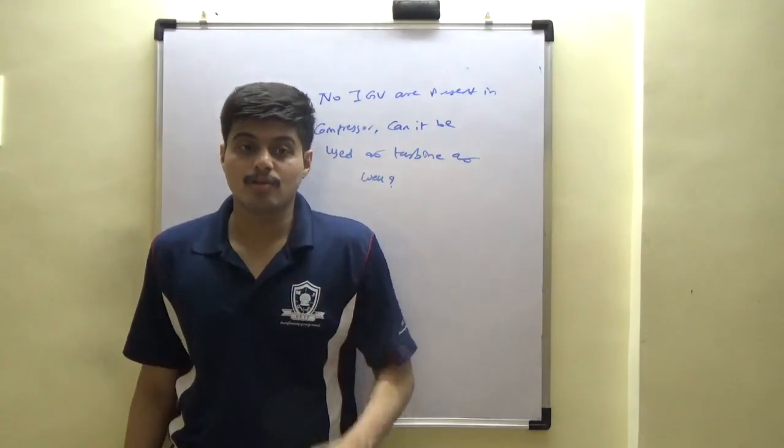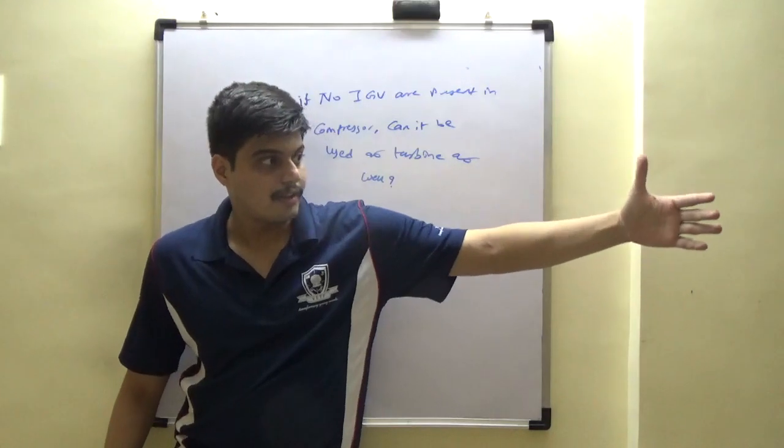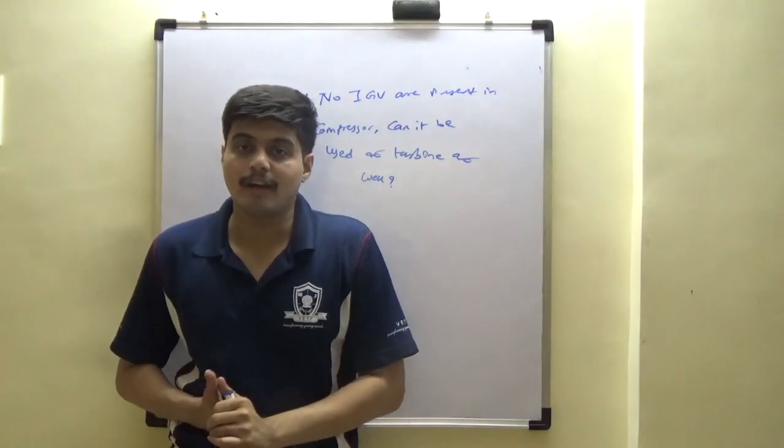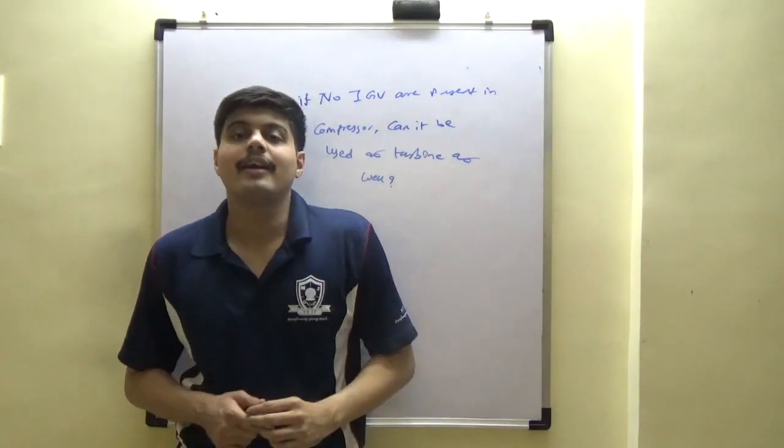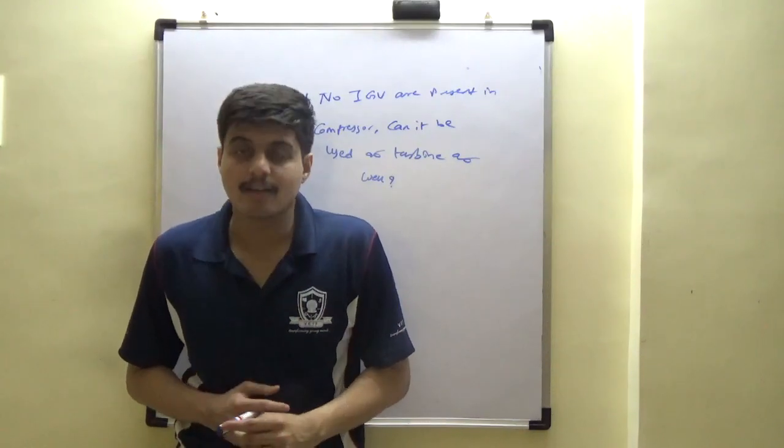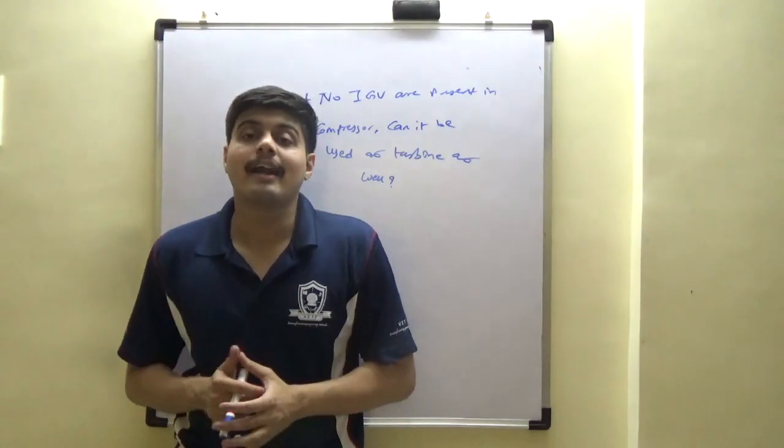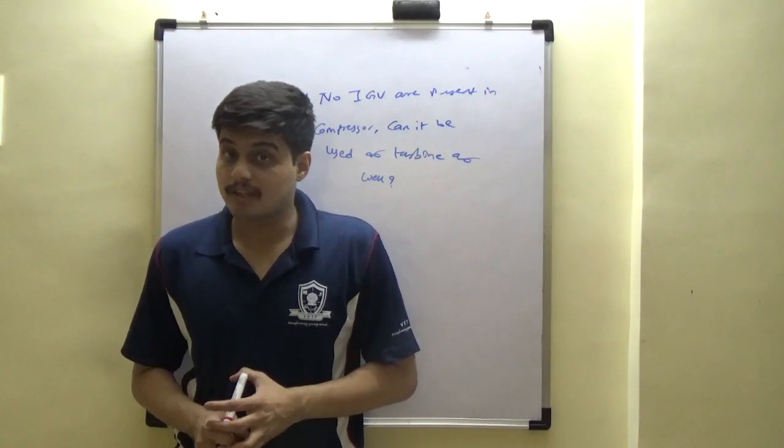Inlet guide vanes are used in compressor because the diffuser section, which provides diffused flow at reduced velocity, has to guide it to the blade angle. That's why IGVs are important.